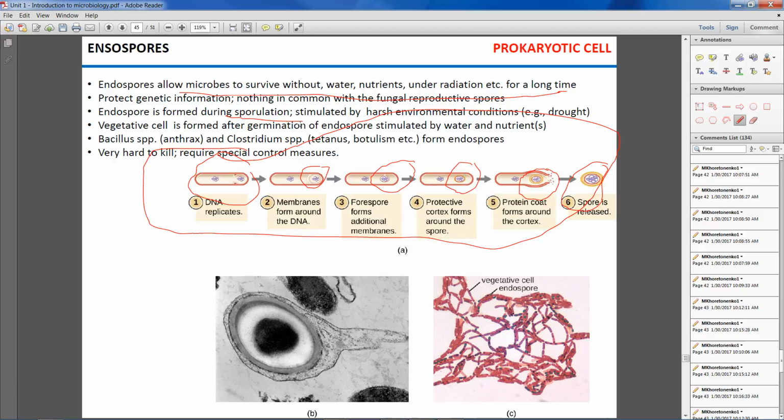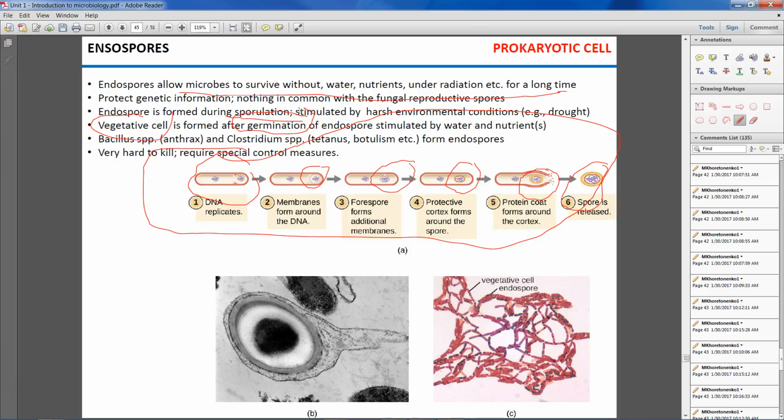If an endospore is formed in, say, a dry environment, what would stimulate the endospore to become a normal vegetative cell again? Moisture, exactly. So the process when it becomes a vegetative cell is called germination.